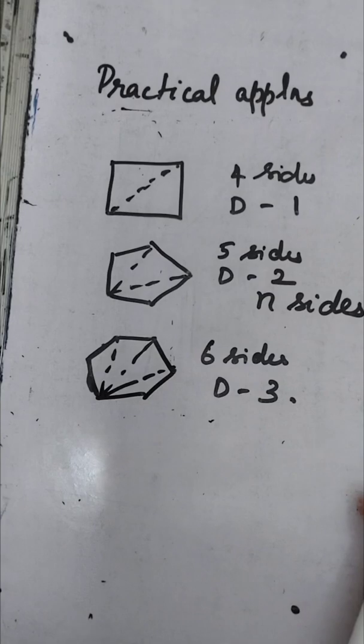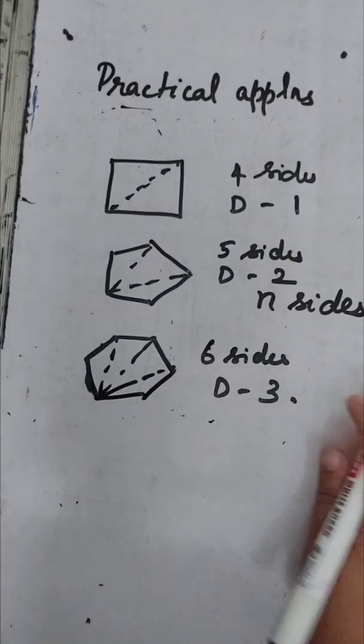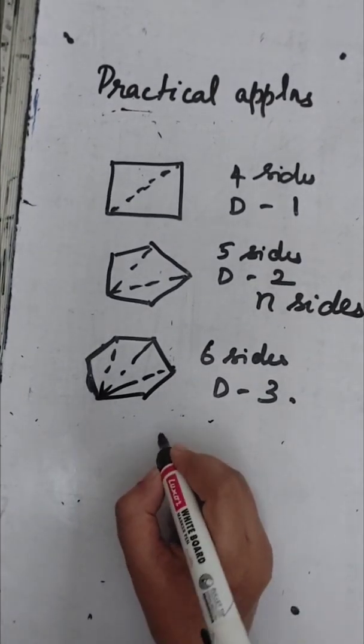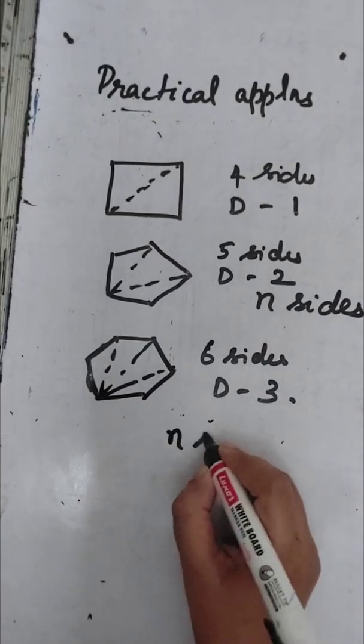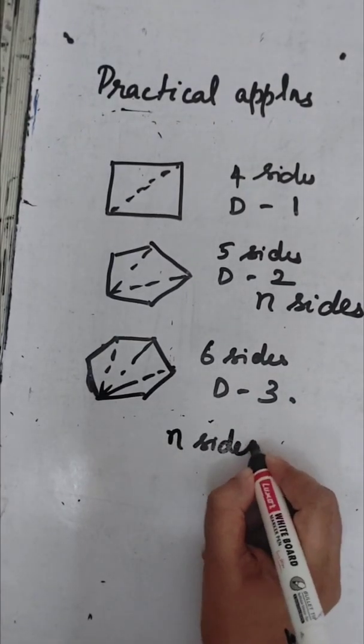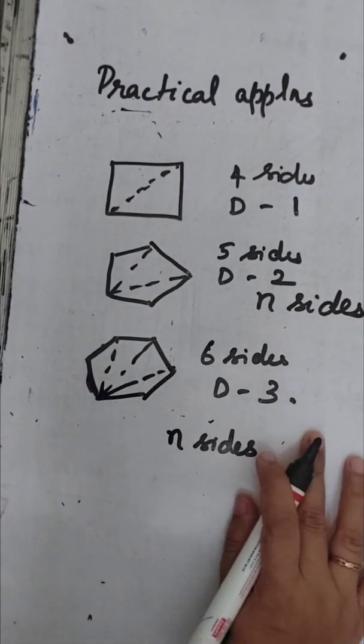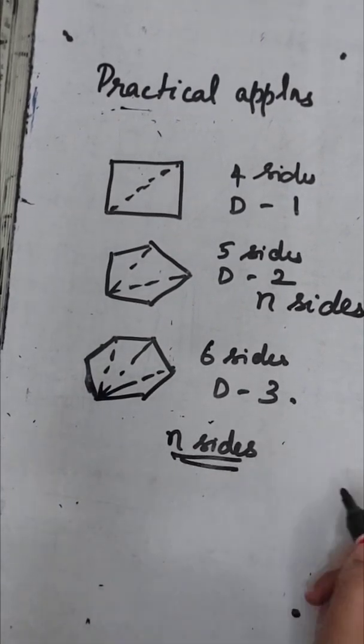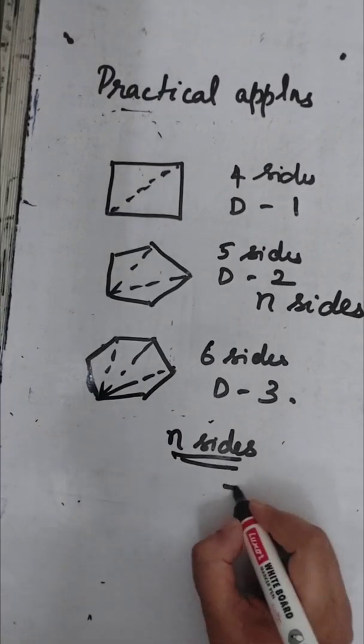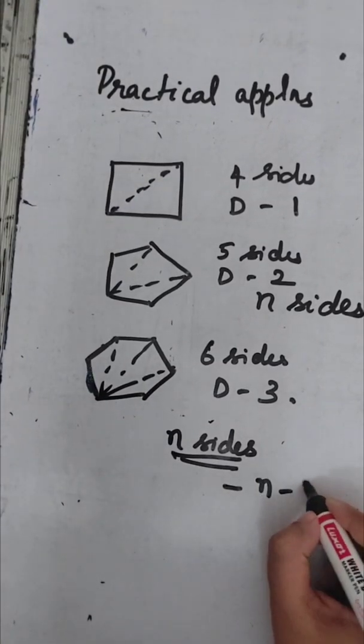Okay, so in general, what is the formula for a figure of n sides? How many number of diagonals can be drawn for a figure with n sides? Okay, so the answer will be n minus 3.